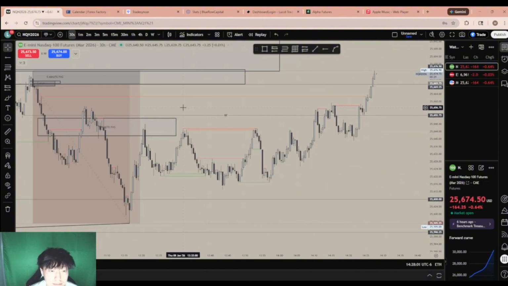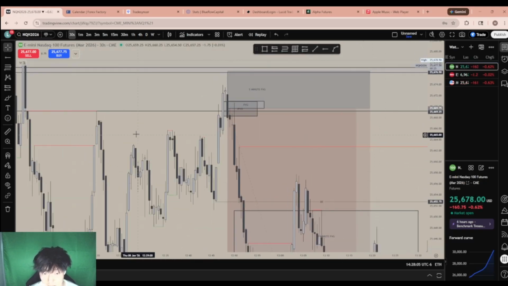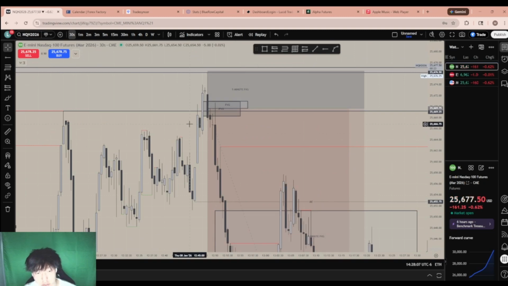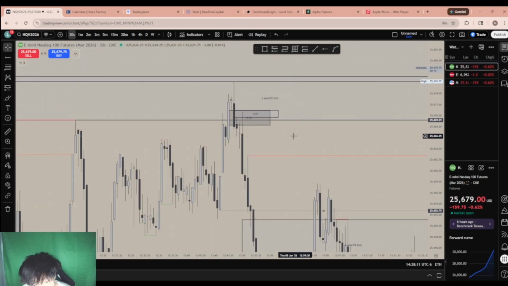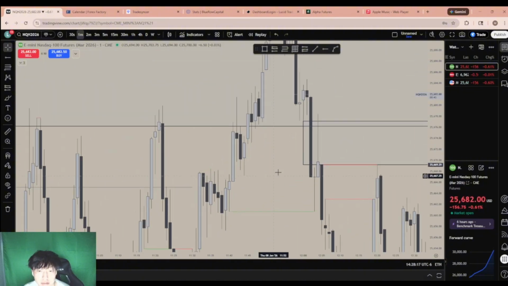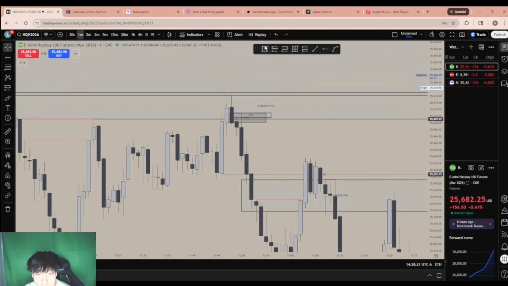Oh, we should look at this. This is a good example too. Let me just delete this. See how there's a 1 minute fair value gap right here?